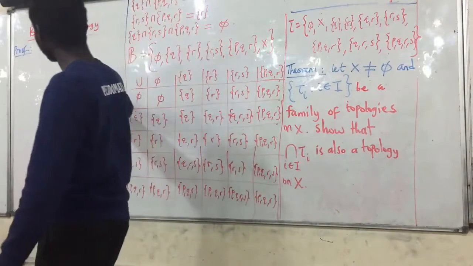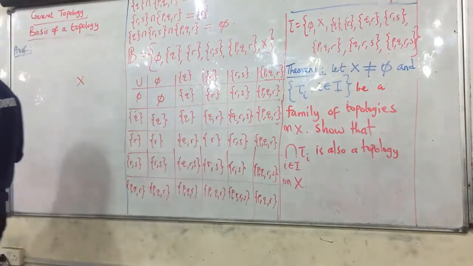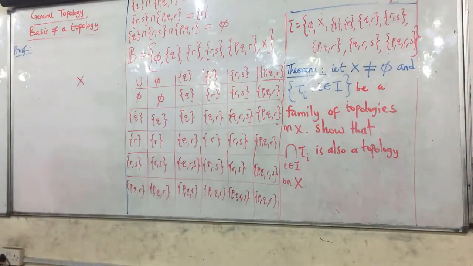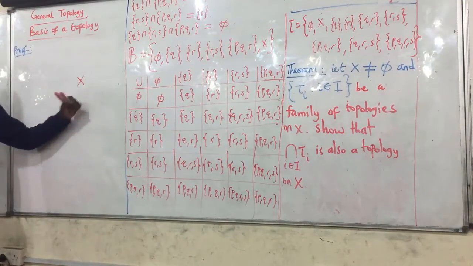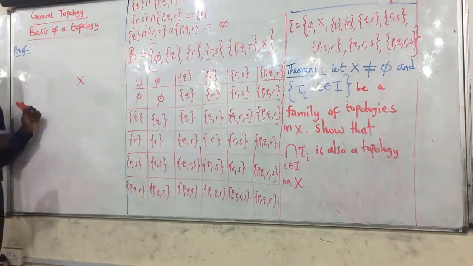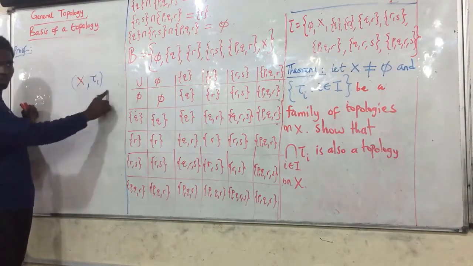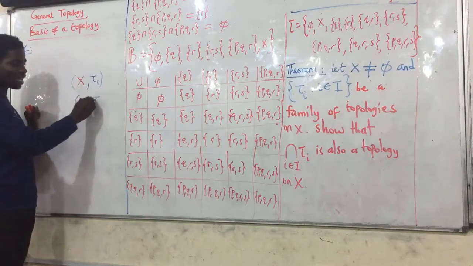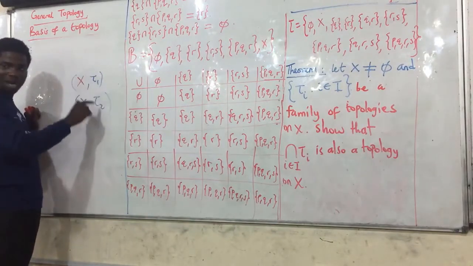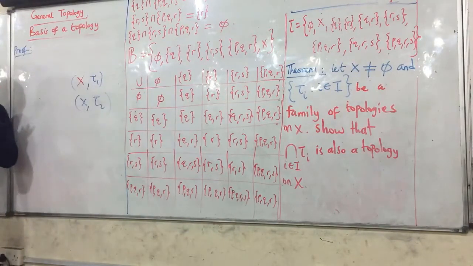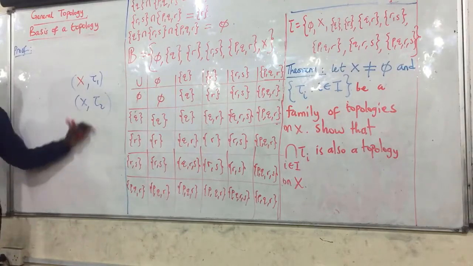When you have a set X, you can define more than one topology on this X. You can take another topology different from this T1 and it will still satisfy all those three axioms. It's still a topology. Do you understand?